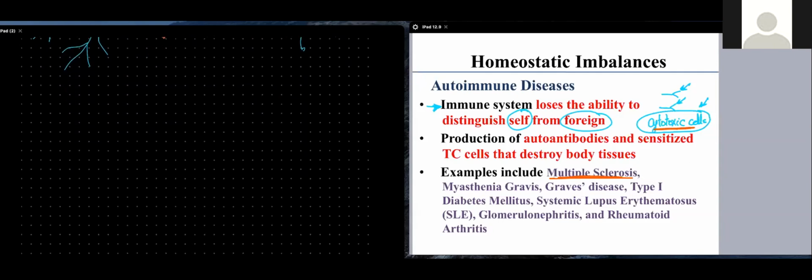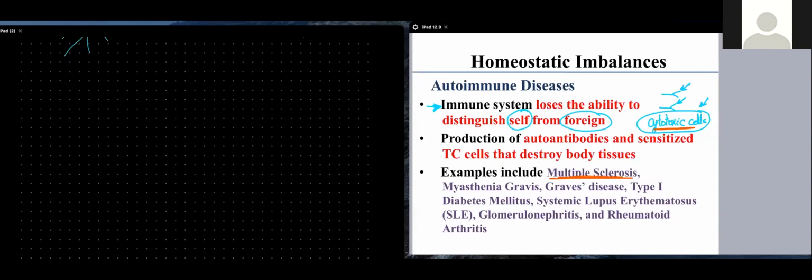Myasthenia gravis, if you remember. Myasthenia gravis was an autoimmune disease that was responsible to form immunoglobulins against the acetylcholine receptors at the neuromuscular junctions.